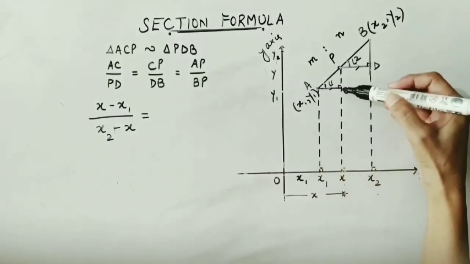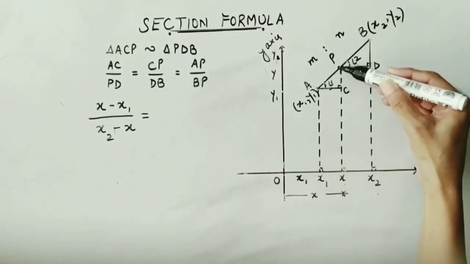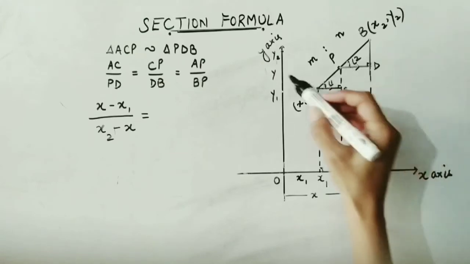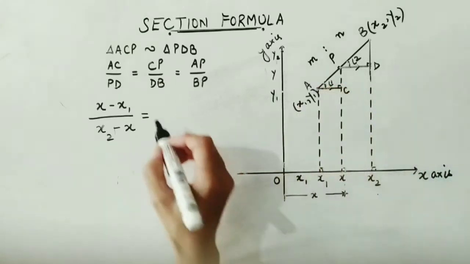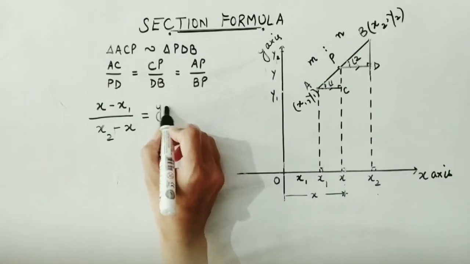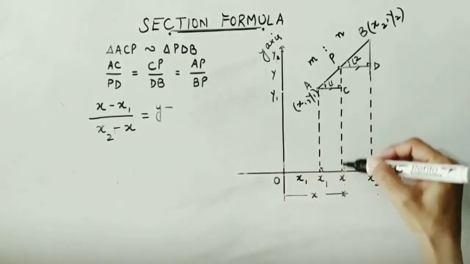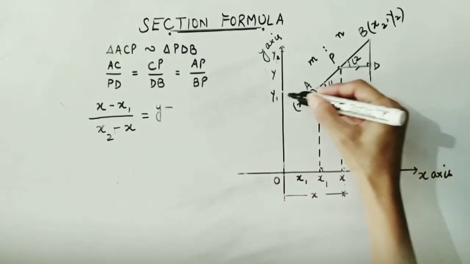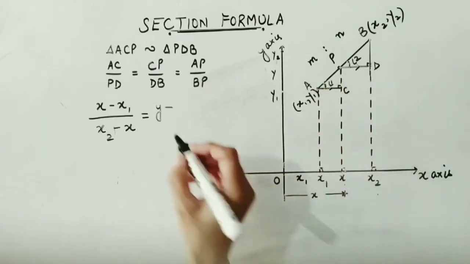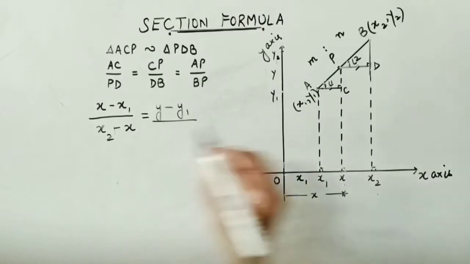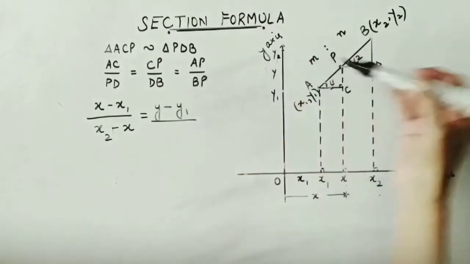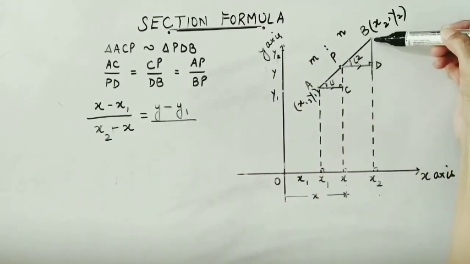Now when you talk about CP, position of P is y. From origin it's y units. Minus what? Minus this distance. Its distance from origin is y1. So y minus y1. And denominator is DB's length.